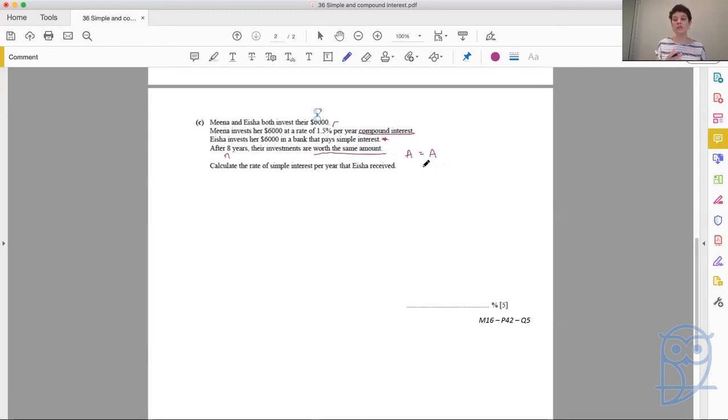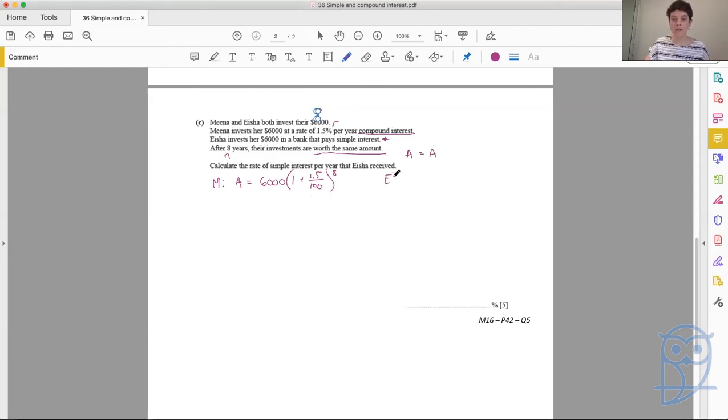So we can then use this information to build an equation. So if we look at Mina first, what would Mina be? Mina, her A would equal 6,000 times 1 plus 1.5 over 100 all to the power 8. Straightforward compound interest.